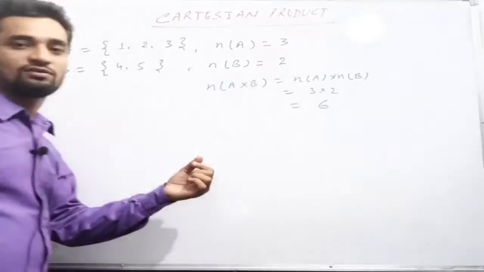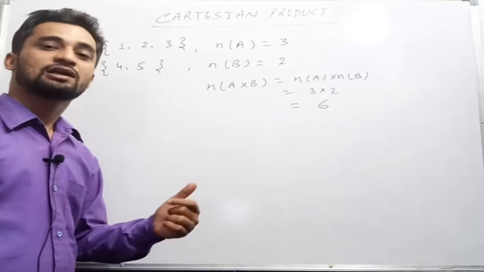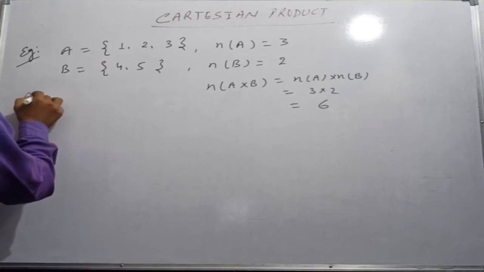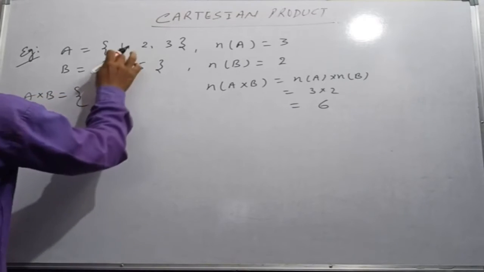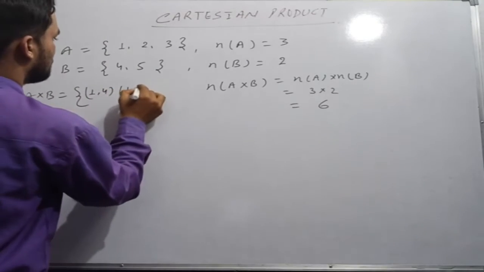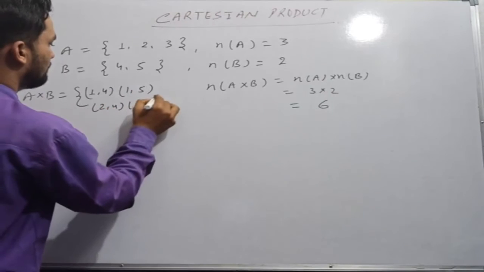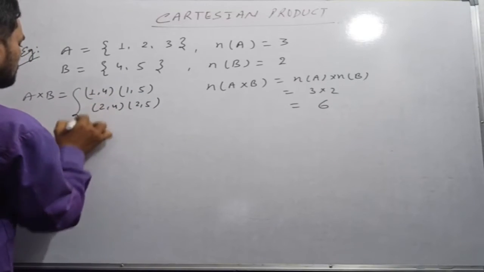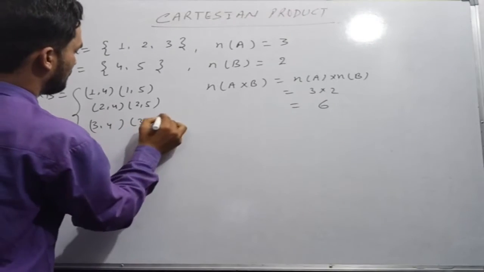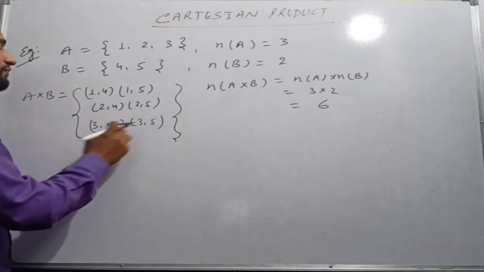Let us see whether 6 elements are coming or not when we take the Cartesian product of the given two sets. Let us find A cross B here. As we discussed, the first element makes a pair with all the elements of the second set: (1,4), (1,5), then similarly (2,4), (2,5), and similarly (3,4) and (3,5). Here you can see 1, 2, 3, 4, 5, 6.